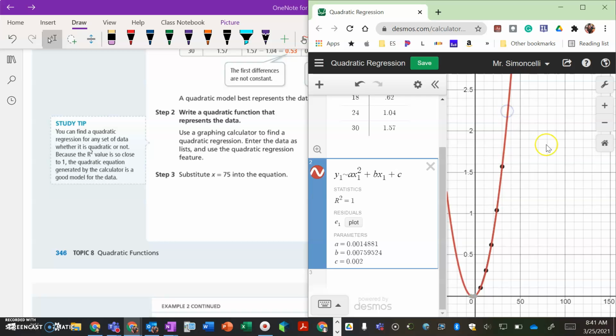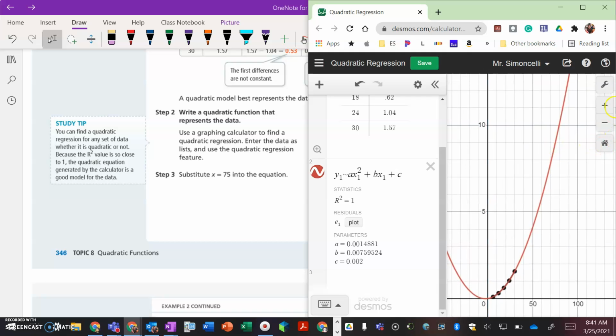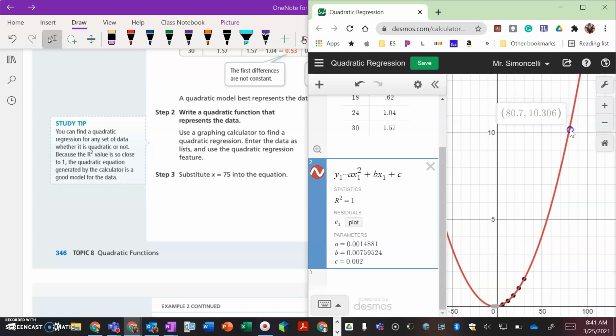And at 75, let's see what we end up with here. So you can see I'm honing in on it, and there you have it. At 75, the red quadratic regression, the best fit model for this, yields 8.942, or $8.94 if we're rounding here.